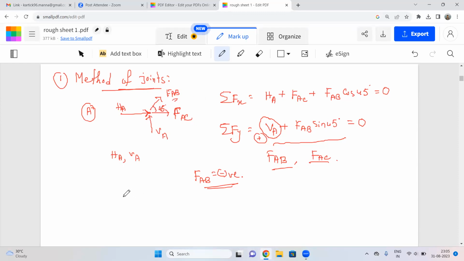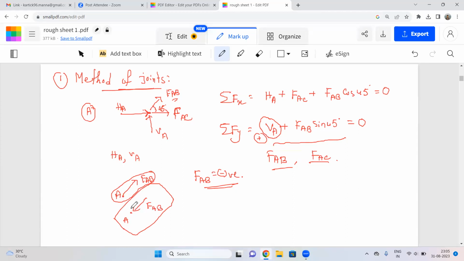If this is your joint A, it is going out from your joint A according to our assumptions, right? But if it is negative, that means it is actually going towards the joint A. So this is our assumption, but this is the actual one we got after doing the calculation.